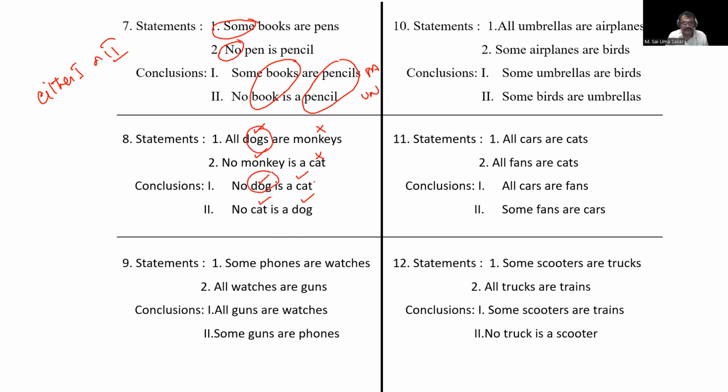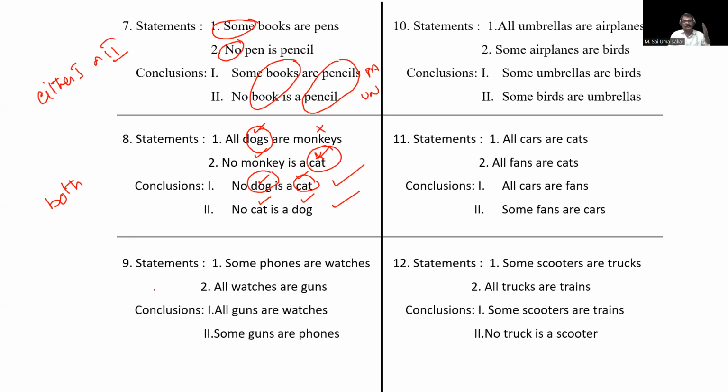And in the same way, cat is distributed in the conclusion and statement as well. So dog and cat both are distributed in the conclusion and statement also. So both 1 and 2, both are valid. So what is the answer? Both satisfy the conclusion.